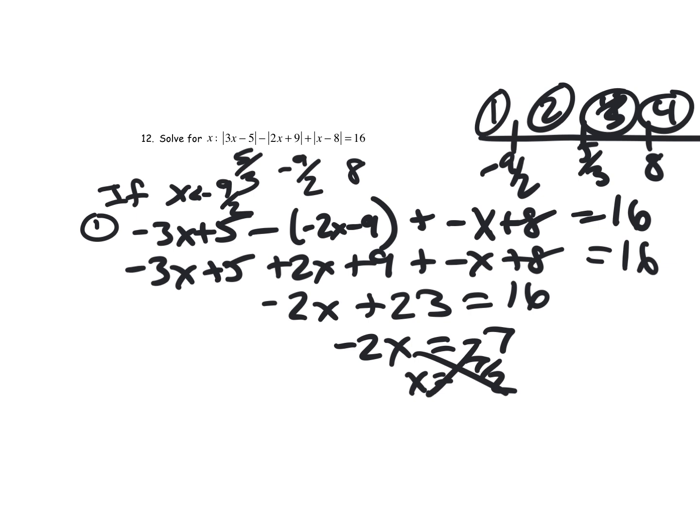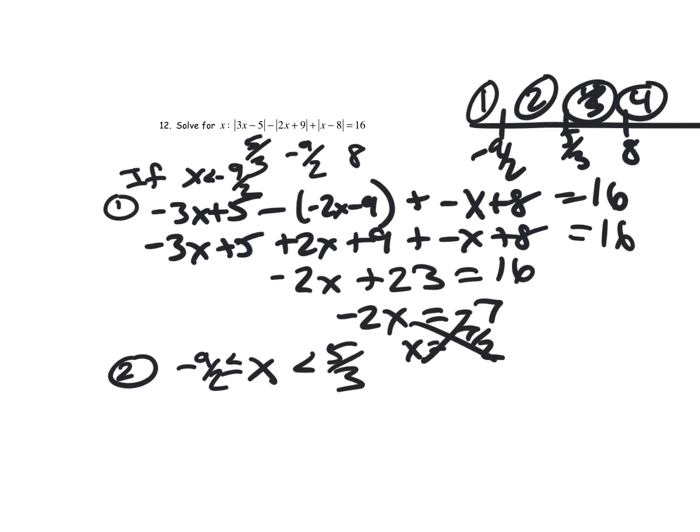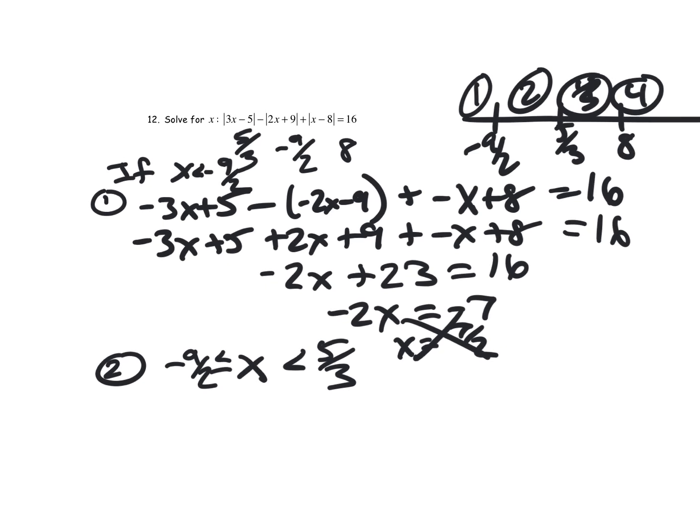Okay, let's do case 2. So case 2, we're going to say if x is greater than or equal to -9/2 and less than 5/3. All right, so that means this first quantity is still negative, so I multiply by -1. But now that we're greater than or equal to negative 9 halves, the 2x plus 9 would be positive inside, so I'm just going to treat the absolute value as parentheses.